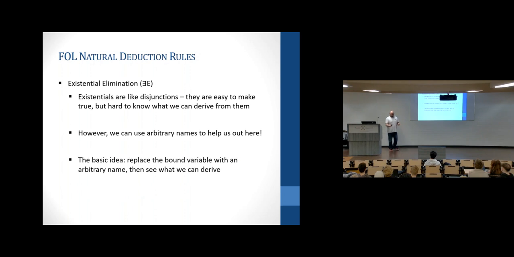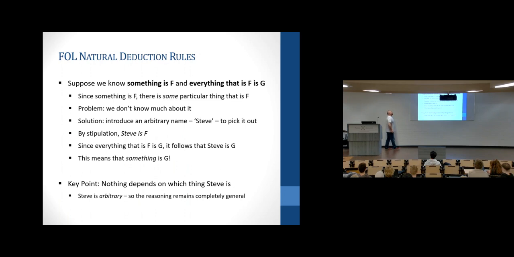Let me give you an example and it'll be a little bit clearer. Suppose we know that something's F, but we don't know what thing, and that everything that's F is also G. Again, we don't really care what those properties are, we're just thinking about those sentences for a second.